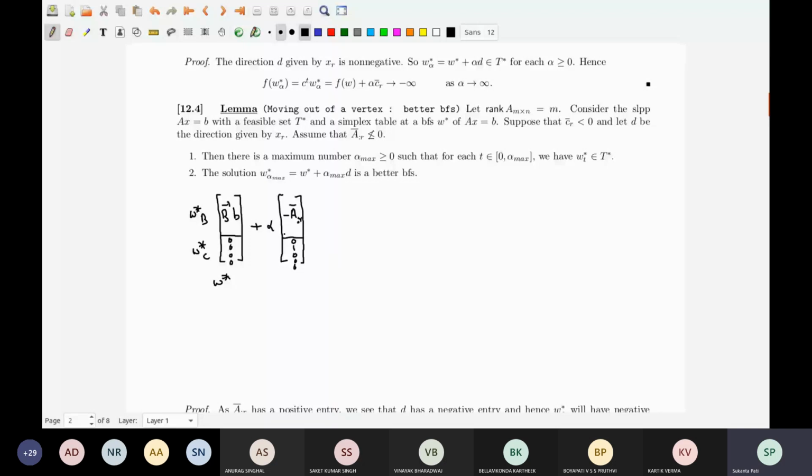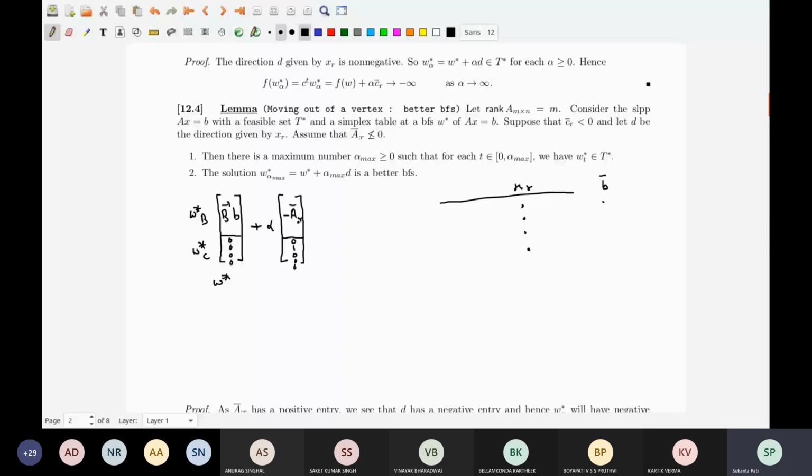You cannot go beyond that. Now, how do you find that maximum extent? The only place where I have to be careful is where the rth column has some positive entries. Suppose I am looking at the rth column and at b bar, which is B inverse b, and assume that this particular entry is bigger than 0.